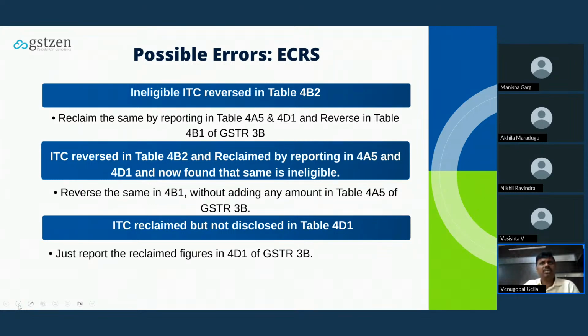Next, ITC which has been reversed in table 4B2 and reclaimed in 4A5 is actually found to be ineligible. Then you have to report it in 4B1. Or ITC is reclaimed, but it is not disclosed in 4D1. In the next month, you just report in 4D1, do not take any action, do not report into 4A5. That will also be fine.